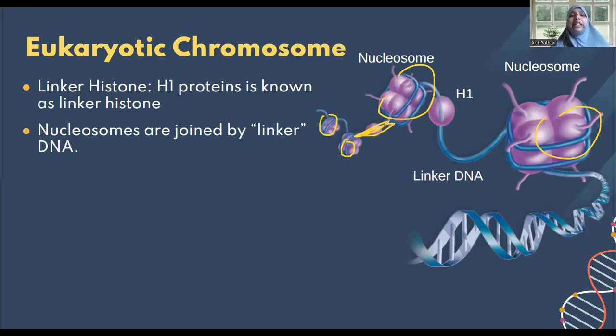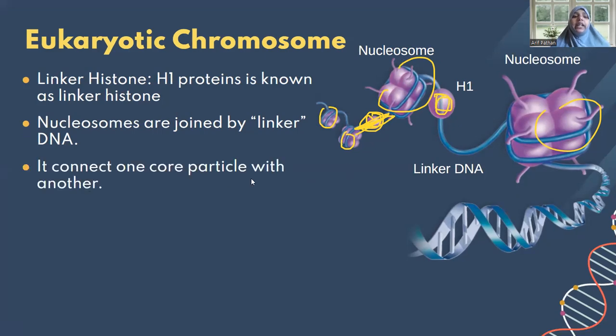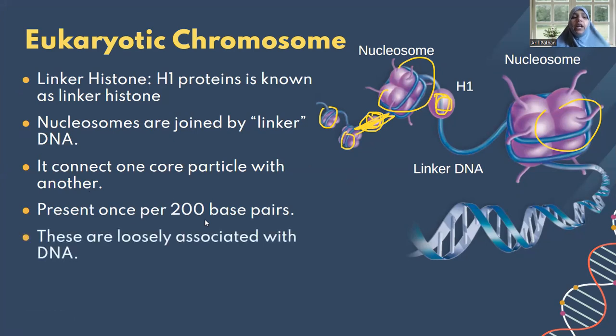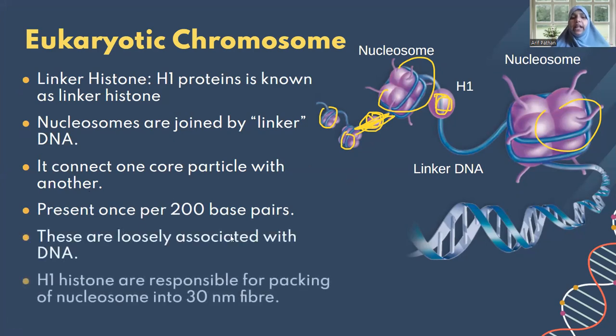They are joined by this linker stretch of DNA, which is held together by a linker protein, that is the H1 histone protein molecule. Okay, so it connects one particle to another, and approximately 200 base pairs are present in one stretch. They are loosely associated with DNA.